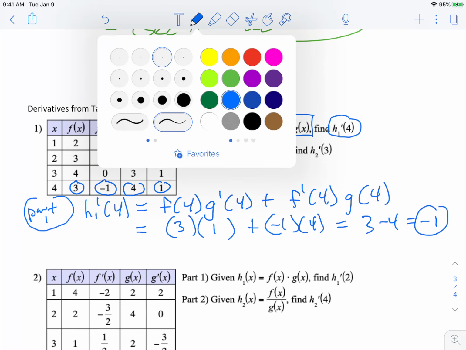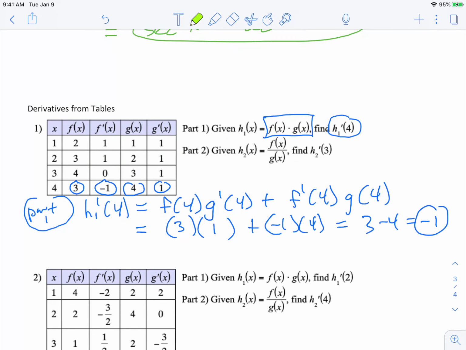Okay, for part 2, it's the same kind of thing. So let me do that. Part 2, if I want to find h2 prime of 3. Since this is a quotient now, we're going to do the quotient rule.